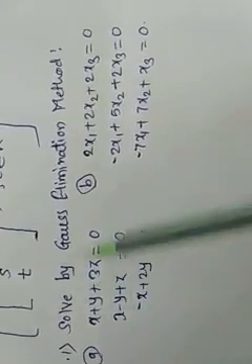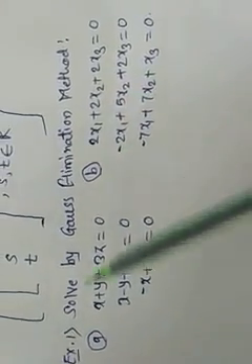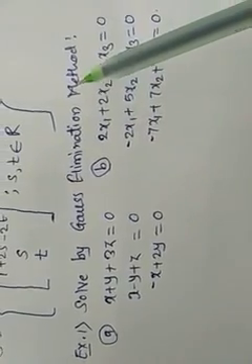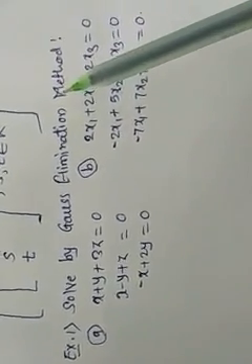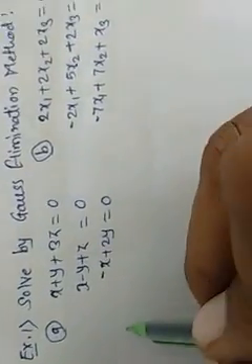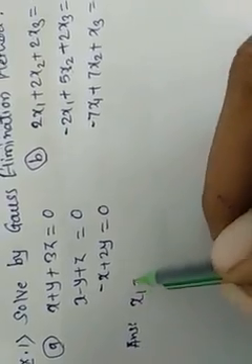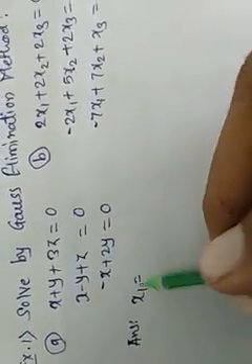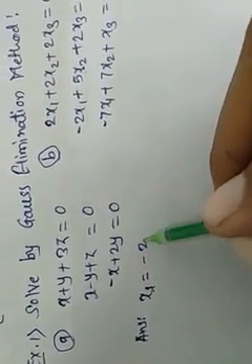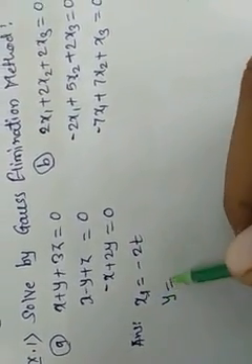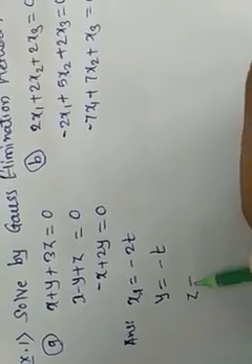These are two examples for your homework. Solve by Gauss elimination method. The answer to the first is x equal to minus 2t, y equal to minus t, and z equal to t.